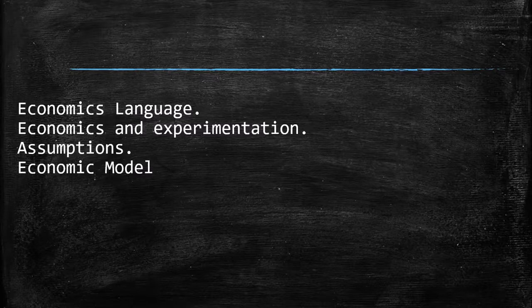These terms make up part of how economists think about problems. The chapter also talks about economics and experimentation, and the relation with science, because behind economics we have the scientific method.